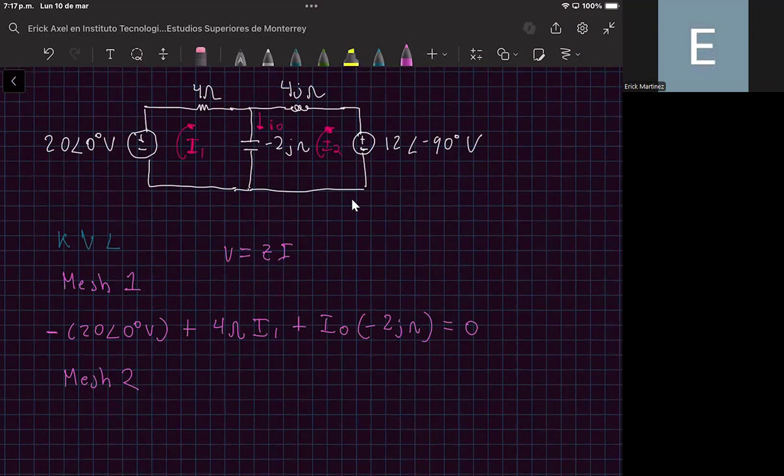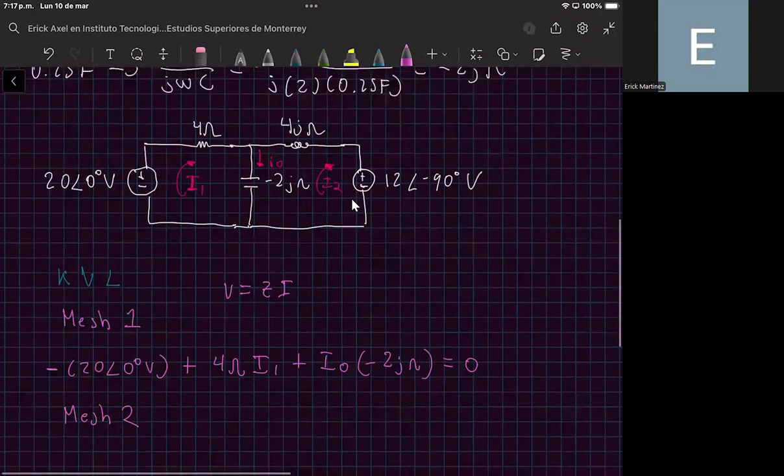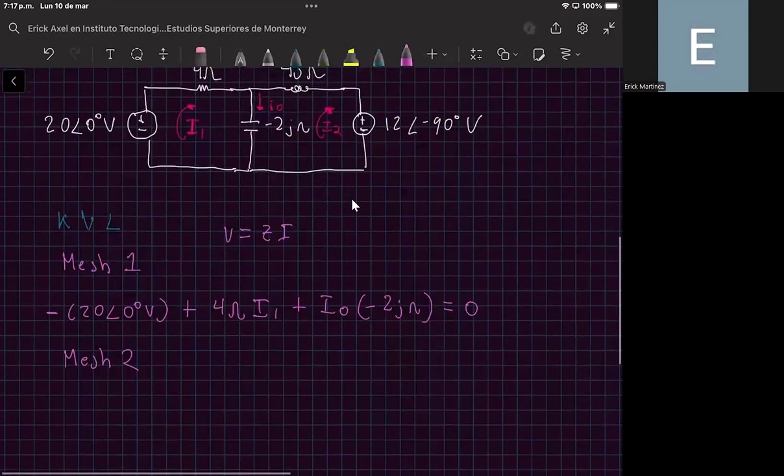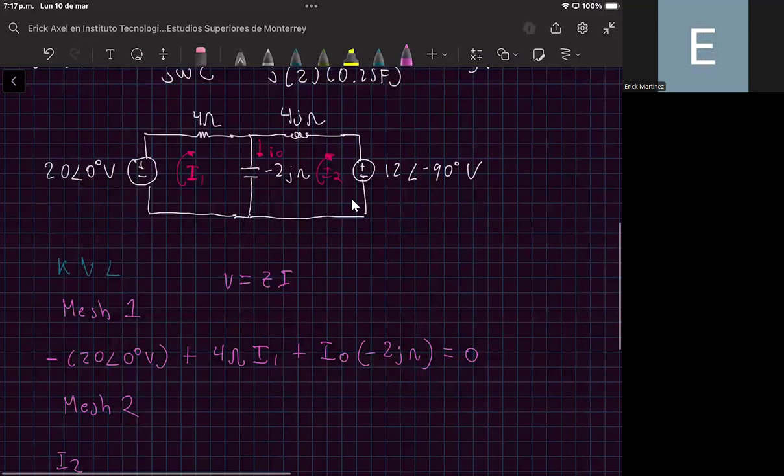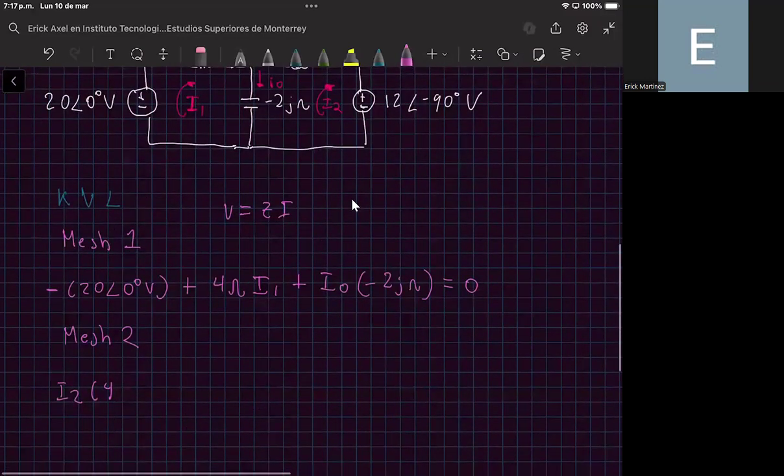Okay, so based on the direction of this current, we can see that we have a voltage in this inductor that is equal to I2. Remember that I2 is the current that is flowing through this inductor. That is 4 times J ohms.